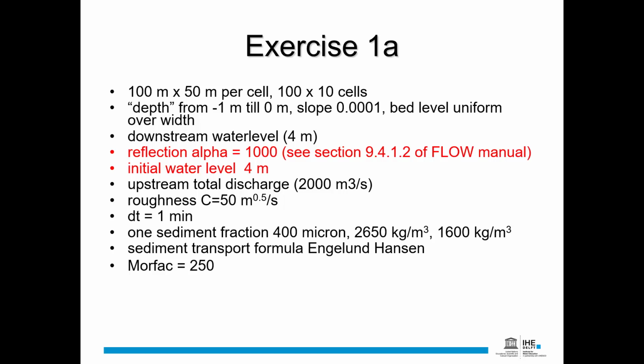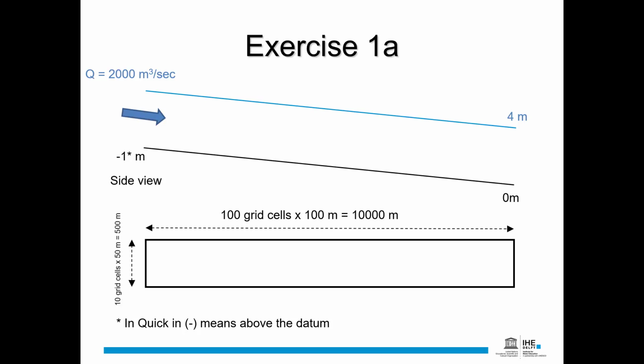Just to show you what the geometry of this simple canal looks like, I have prepared this slide, and you can see the side view on top and the plan view on the bottom. Again, you can see that our canal goes from 1 meter above the datum to 0, which is the datum, and the downstream is a 4 meter water level boundary condition, and the upstream is 2000 cubic meters per second of water coming into this canal.